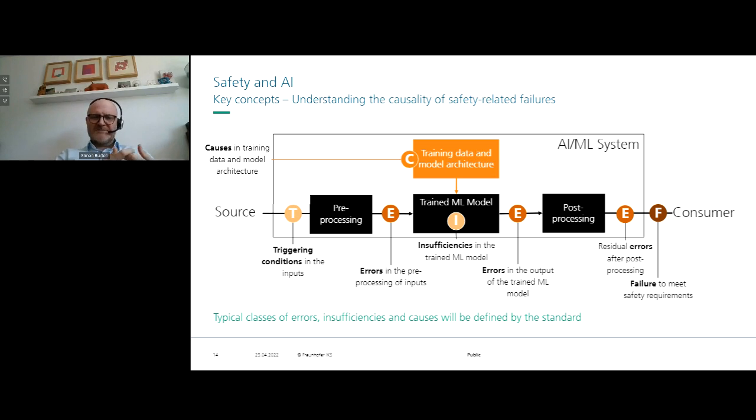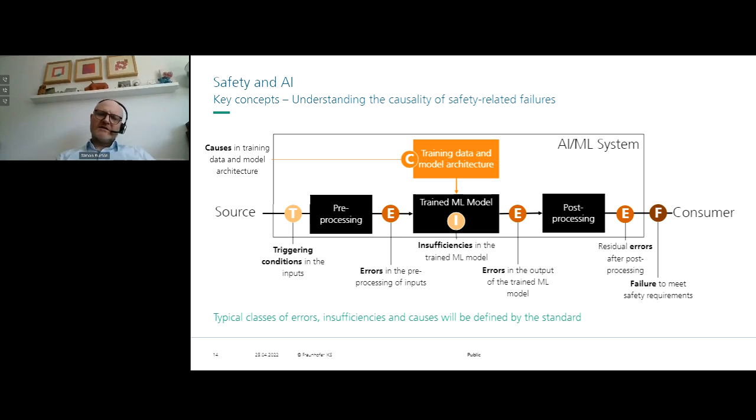This is what this somewhat abstract diagram is showing here, that we have at some point a trained machine learning model which is encapsulated somehow, maybe with some pre and post processing associated with that. And errors can occur at different places within this machine learning component. And these errors are caused by different fundamental properties of machine learning and fundamental properties of the data.